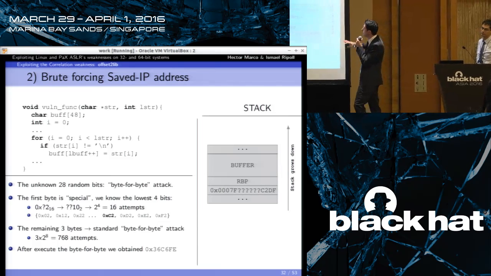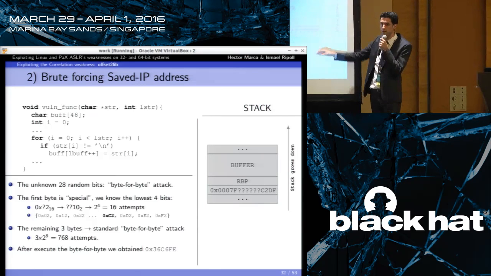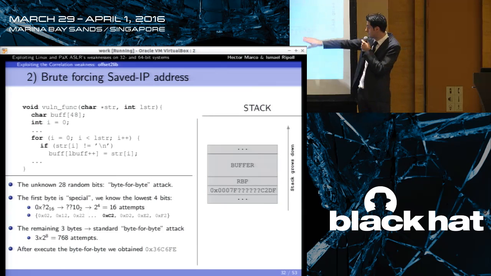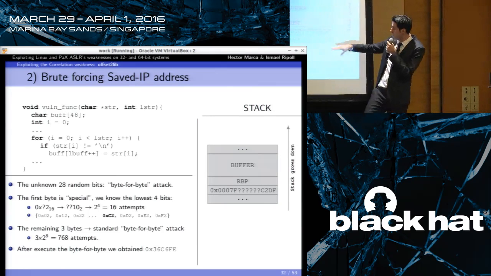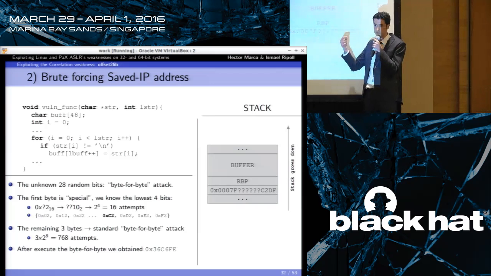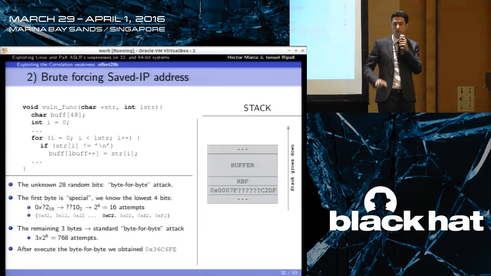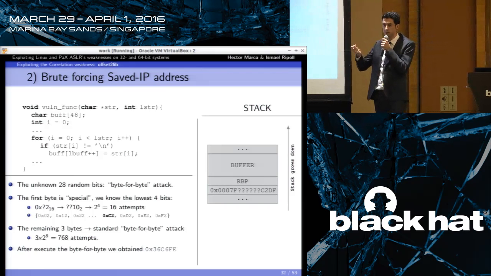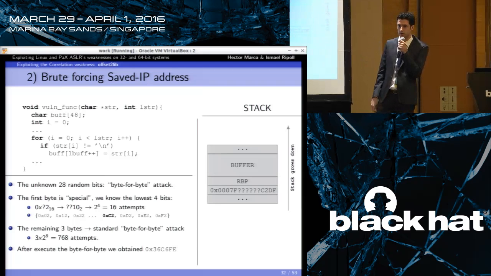Otherwise, if you can only write words, you cannot perform this attack. You need to be able to overwrite at byte level, okay? And the last overflow is the complete address. So the last overflow is, okay, I'm going to put this address in order to see if I get the correct answer from the server. So you are sure that you have put the correct address.